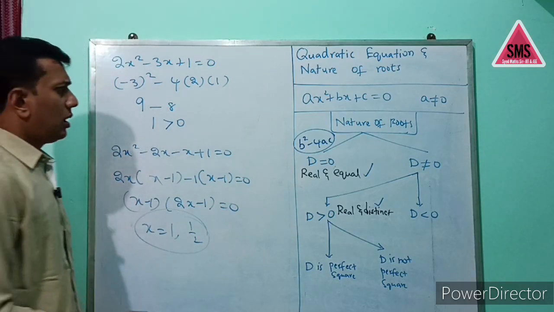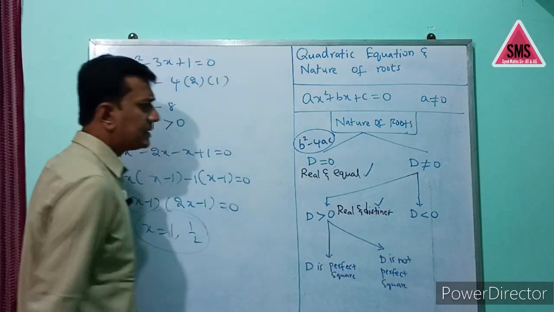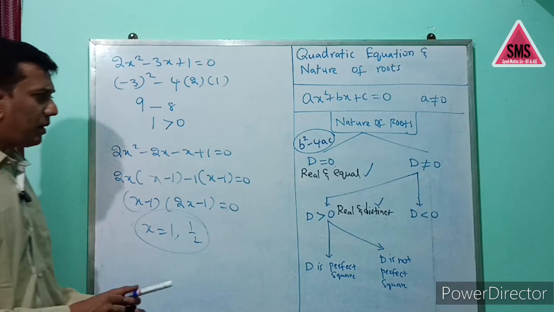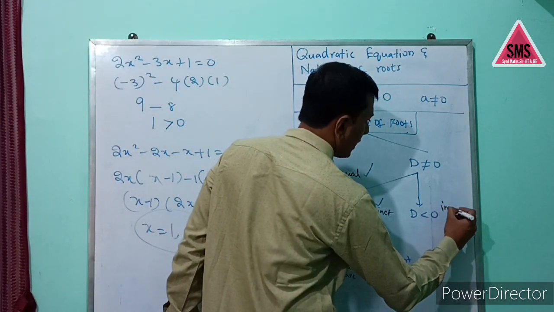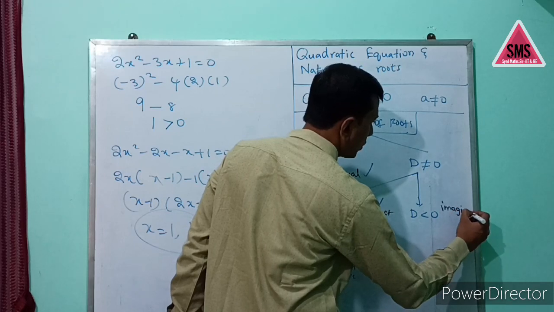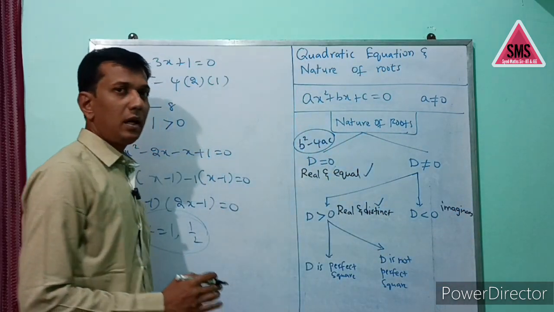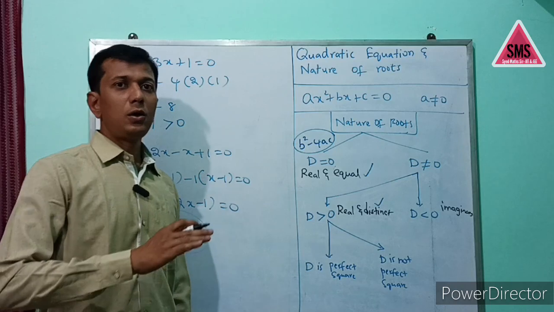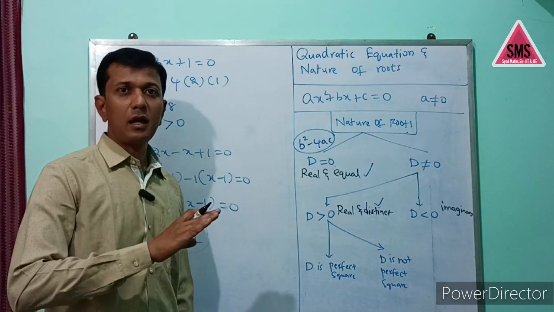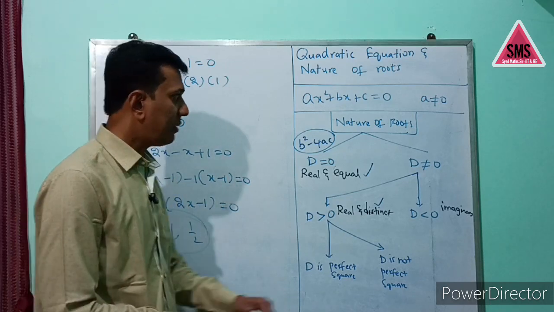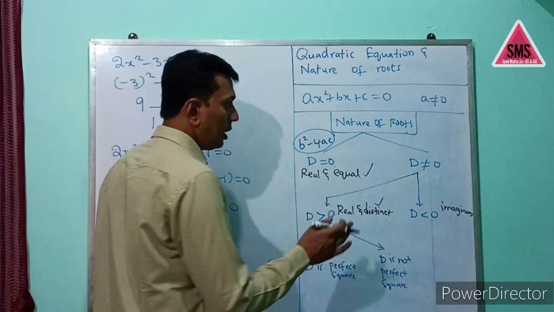Let us see the case when D is less than 0. What type of roots are we going to get? We are going to get imaginary roots. That means, as we have seen at school level, no real roots. No real roots in the sense they are not real; if they are not real, they are imaginary.